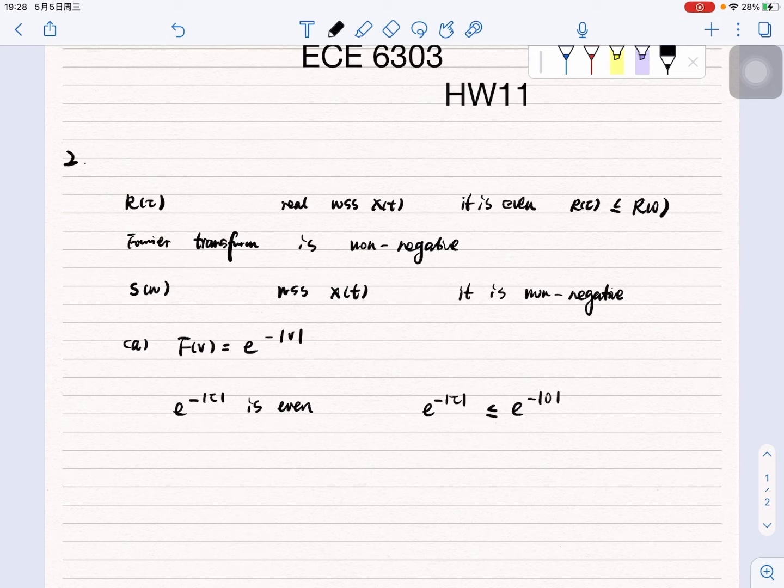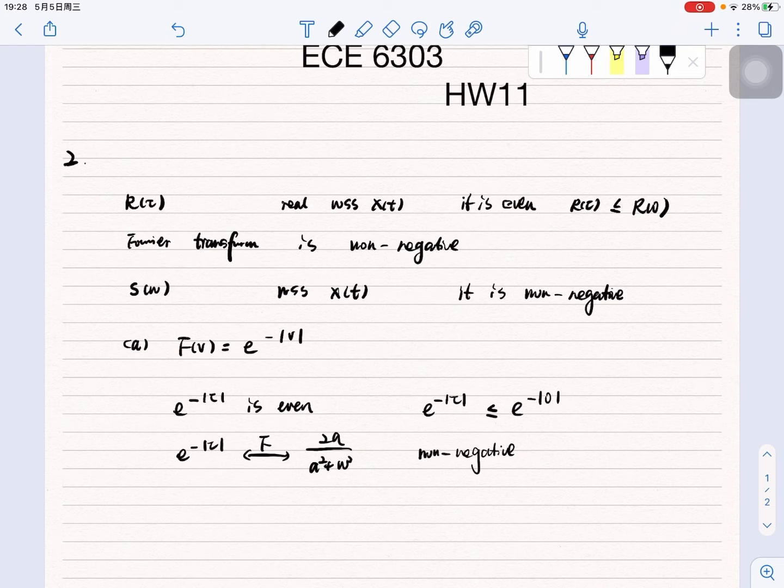We also have this function's Fourier transform, 2a over a squared plus omega squared. It is non-negative.